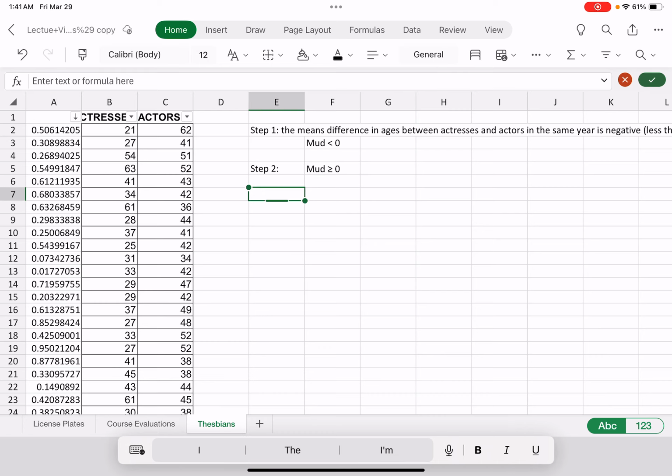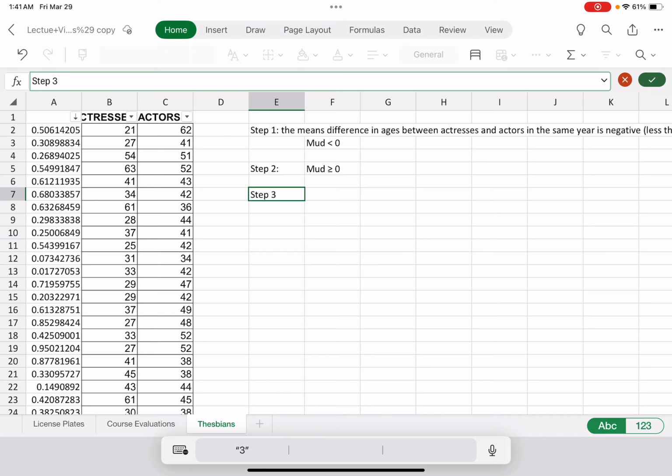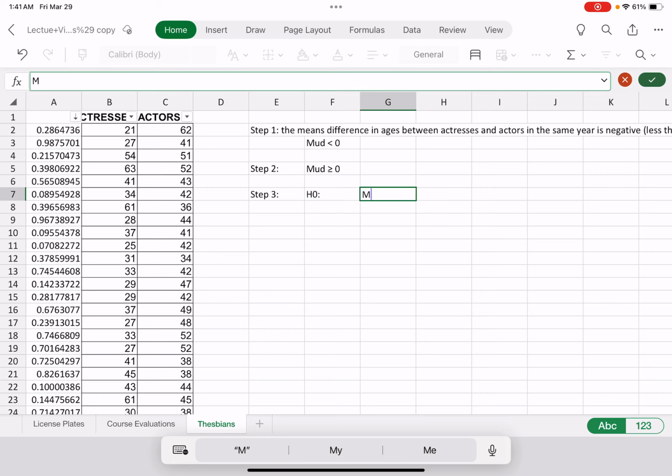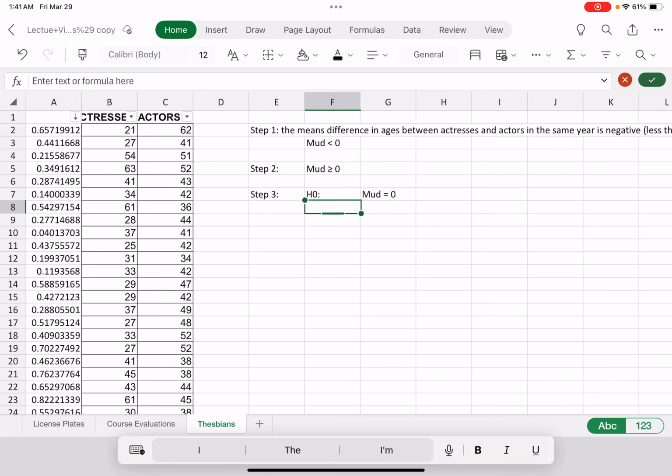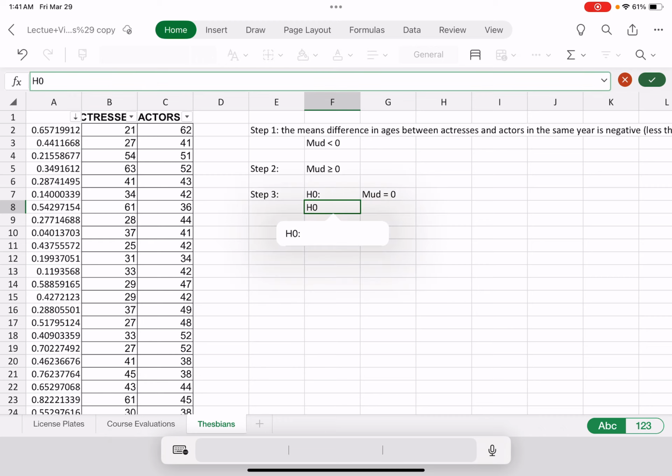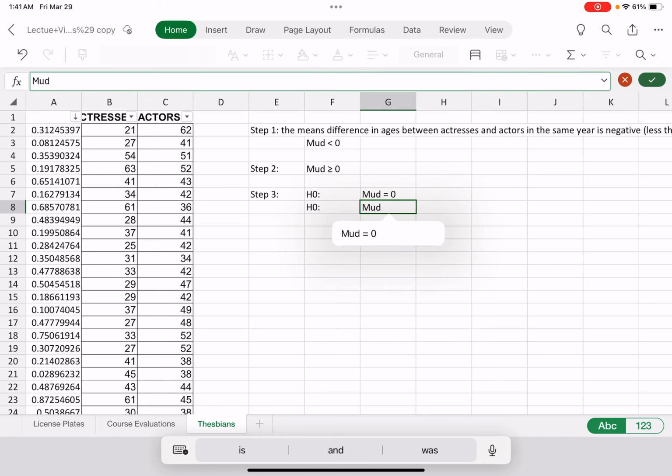All right. Step 3, the null hypothesis, H0, is going to be mu d equals 0. The alternative hypothesis here is going to be mu d less than 0. How did I know to do less than and not greater than? Well, the greater than or equal to is the equals one, so that one went to the null hypothesis.